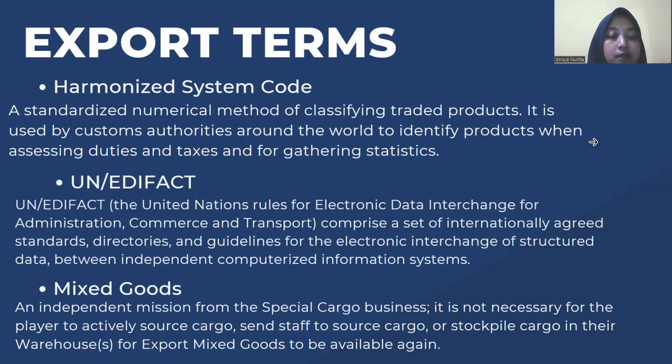And we have mixed goods from exporters, an independent mission from the special cargo business, such that it is not necessary for the players to actively search for cargo, send staff to search for cargo, or stockpile cargo in their warehouses for export mixed goods to be available again.